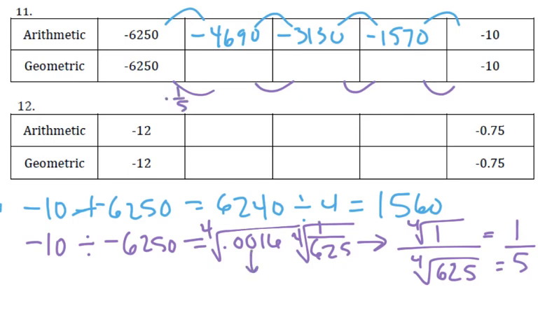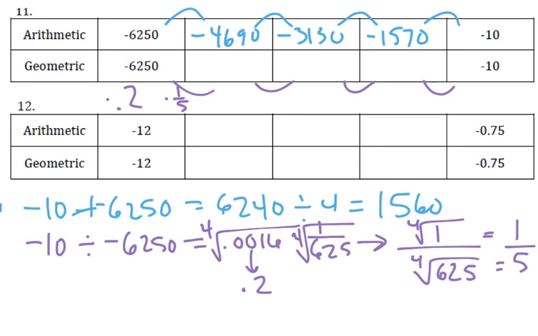If we did it decimal-wise, it would be 0.0016, which would give us 0.2, which is the same thing as 1/5. So whether you times it by 0.2 or by 1/5, same thing. Negative 6,250.